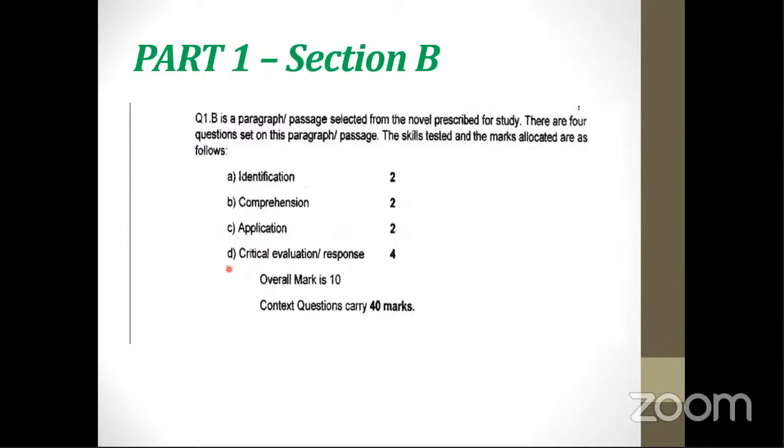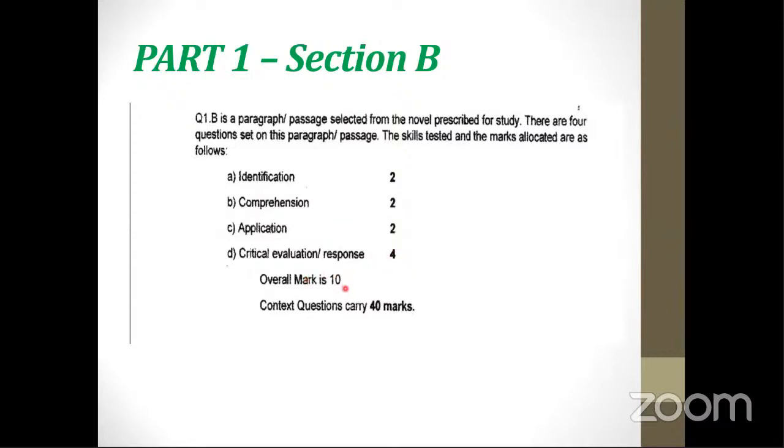Then D is critical evaluation and response. For that, you have to look into the situation very critically and develop your own answer or response. I will be discussing how you can focus on this question because you get 4 marks.